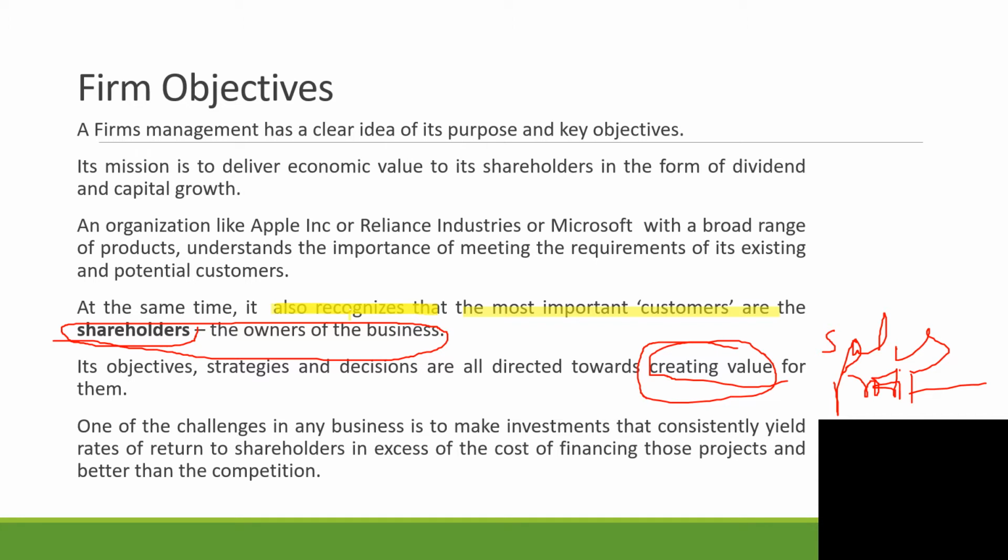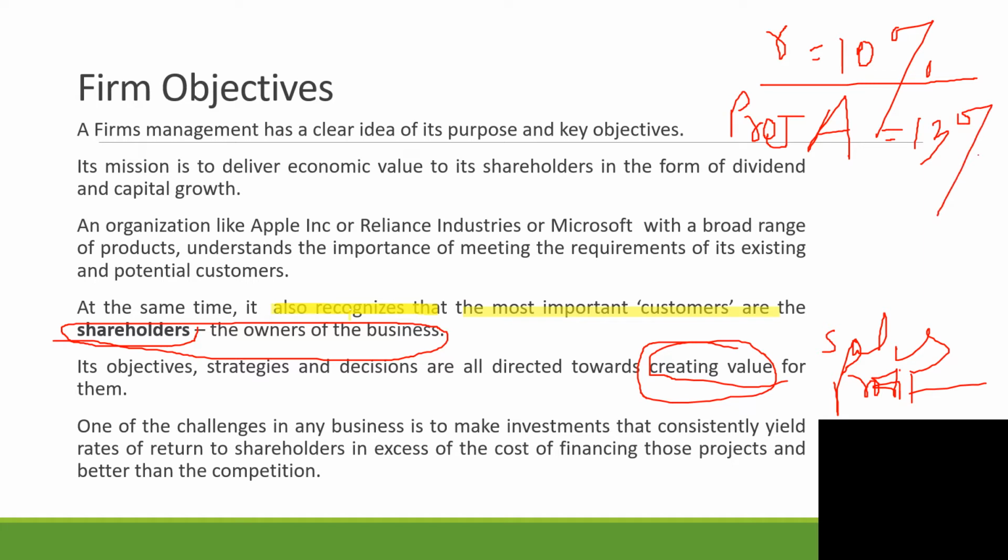One of the challenges faced by a firm's board of directors is to make investments at the right places, to find the best projects where investment can be made so that it provides the highest return to the shareholders. For example, if the market rate of return is equal to 10%, and the firm's board of directors are considering project A, which is expected to provide a return of 13%, that means project A has a return which is in excess of the minimum return required.